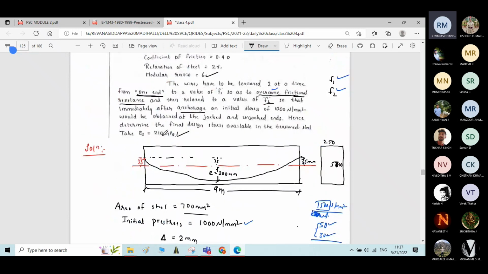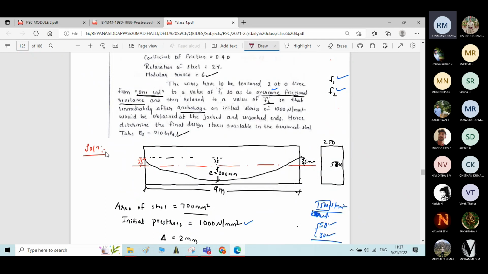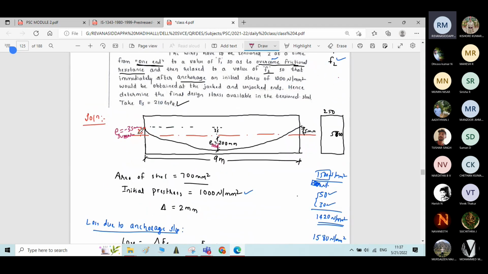Let me write the values here. At the support, eccentricity is minus 35 mm. At midspan, eccentricity is 200 mm. Why is it minus 35? It is above the neutral axis. If the cable goes above the neutral axis with some eccentricity, that eccentricity is denoted by a negative sign, minus 35.